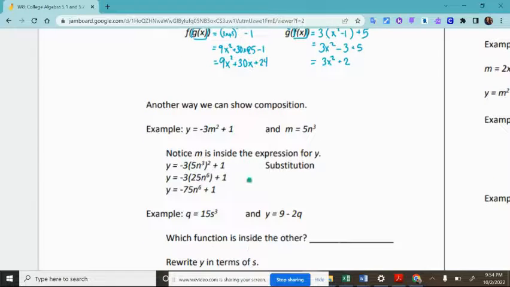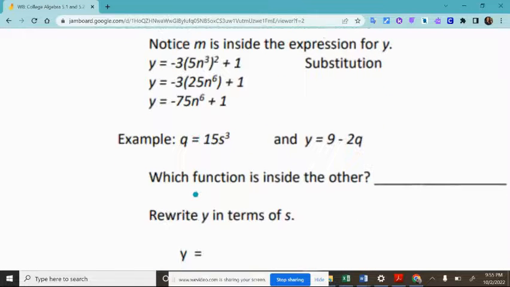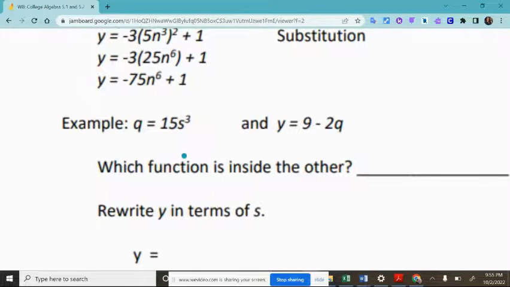Okay, another way we can show composition. And that's the way I was doing it. So now let's look at this. Okay, so now we've got this function and it has Q and S in it. But over here, we have a total different function that has q and y in it. It's not even the same letter. Suddenly there's a y, but there's still a q.